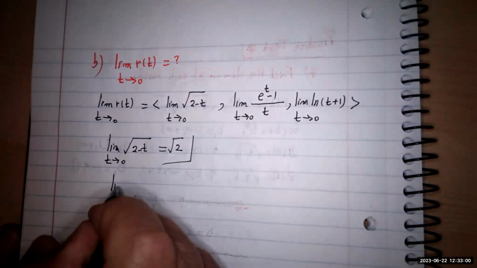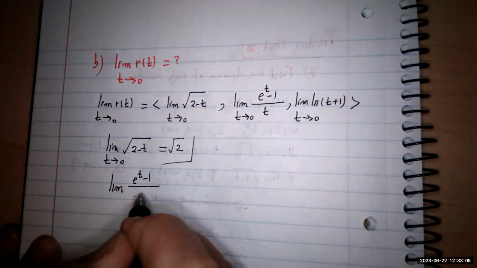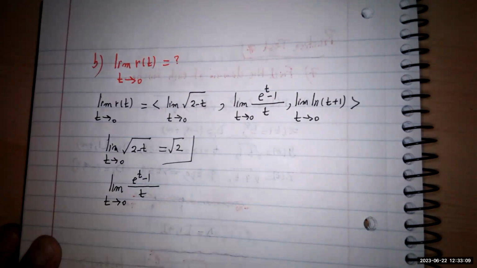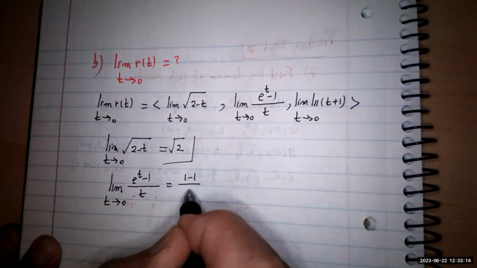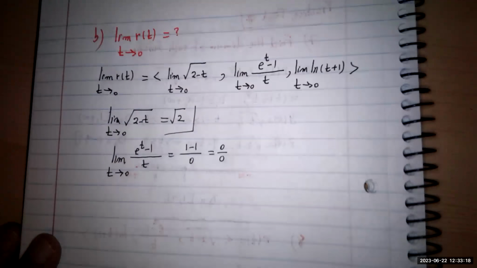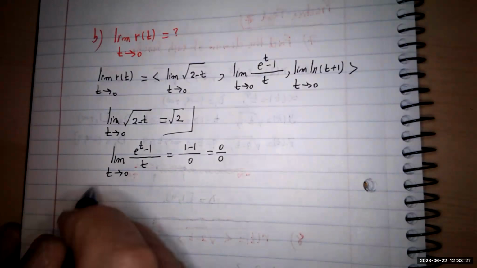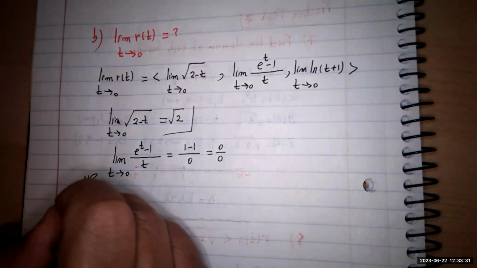Limit of the second one, limit of e to the t minus 1 over t, t goes to 0. If you substitute, that gives you 1 minus 1 over 0, which is 0 over 0. You know that you have to come back and use the L'Hopital rule, differentiate the top and the bottom, and then substitute again.